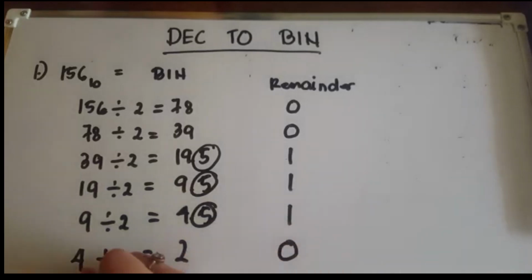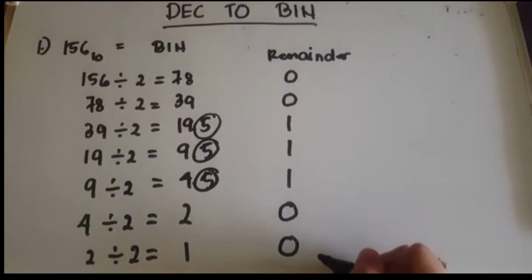So we have 2 divided by 2. This is of course 1, so the remainder is 0. This becomes off or 0. Now 1 divided by 2, obviously this is 0.5.